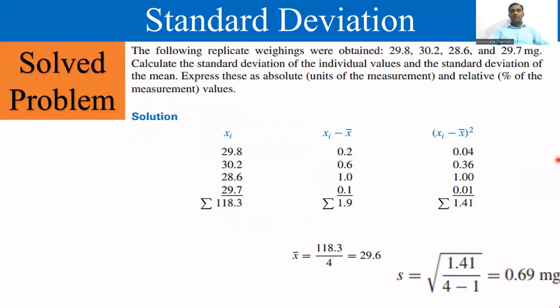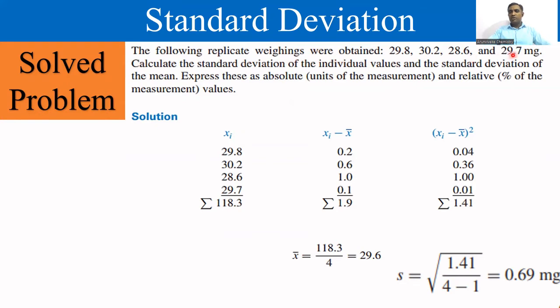If you look at the formula of standard deviation, it looks quite difficult to understand. If you solve a problem, it becomes quite easier. Here in this problem, the following set of data of weighings were obtained.